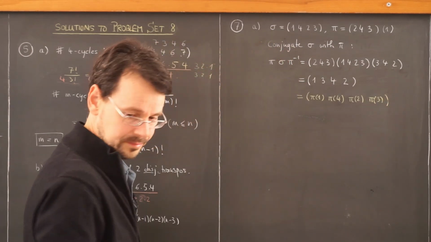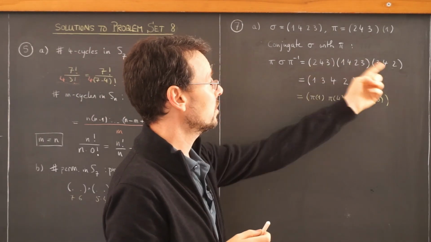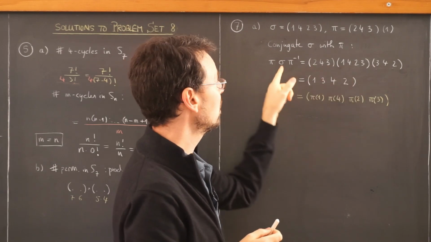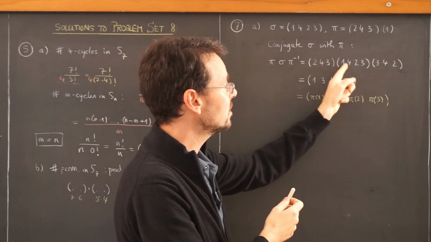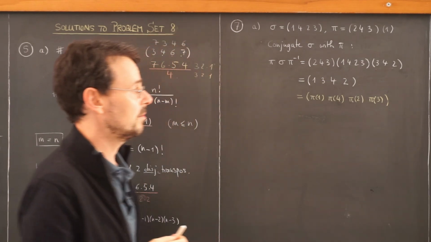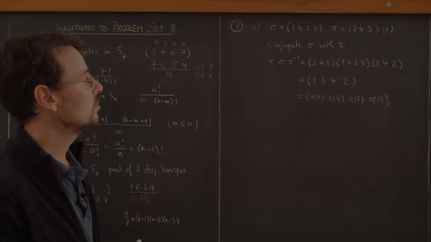So there seems to be a very simple formula for obtaining the conjugate of a cycle. Simply take the permutation you're conjugating with and replace all these entries here by the image of them under pi. And this will be our general claim that we try to prove.